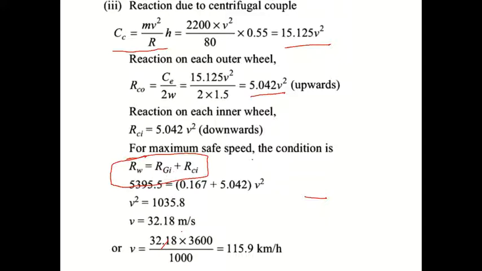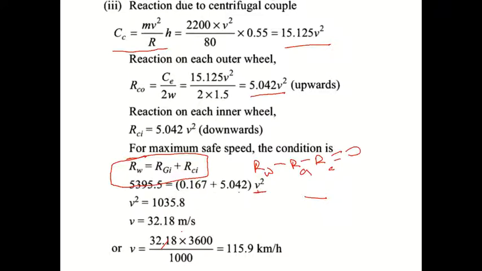Because for the inner wheel, the condition is Rw will be upward, and the remaining two will be downward. This is the condition for the inner wheel. If you bring these two terms to that side, you will get Rw equal to Rg plus Rc. So substitute everything. Here v square is common, take the v square out.